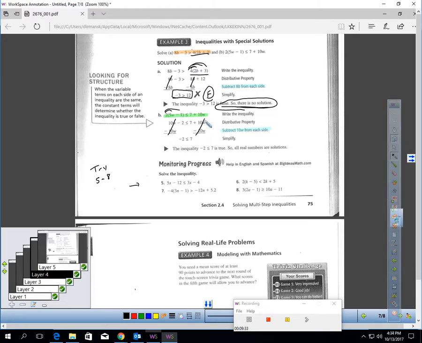We wanted to get all the variables on one side. They all disappeared. We're left with -2 is less than or equal to 7, and that's true. So all real numbers are a solution. That means I can plug in any number I want for w, and the left side would always be less than or equal to the right side.